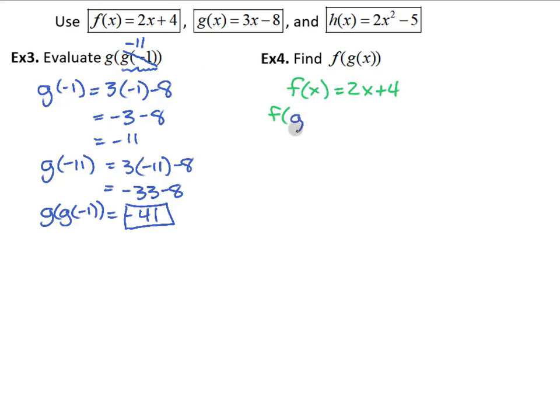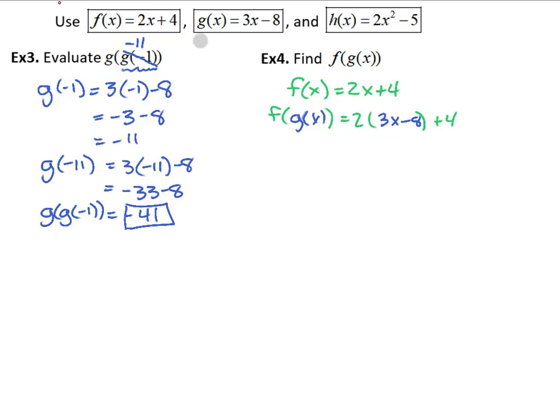Apologies, that did not change color. f of g of x equals 2 times parentheses where x was, and we're giving ourselves some more room here because this time we're plugging in that expression, g of x. So the expression for g of x is 3x minus 8.